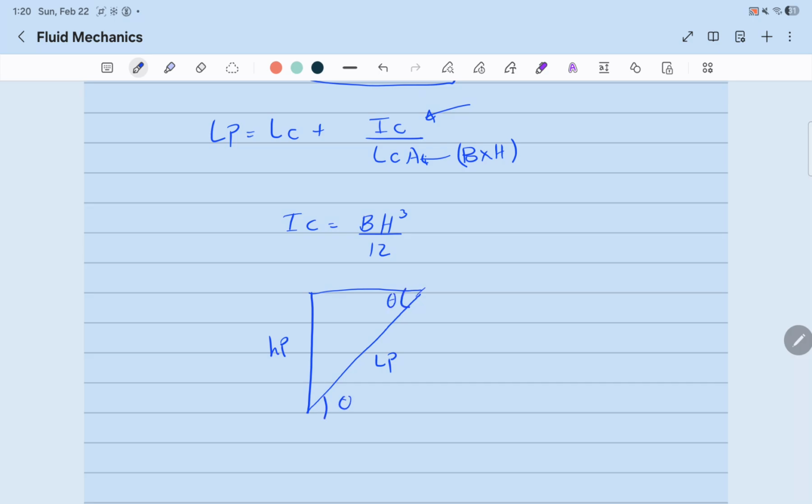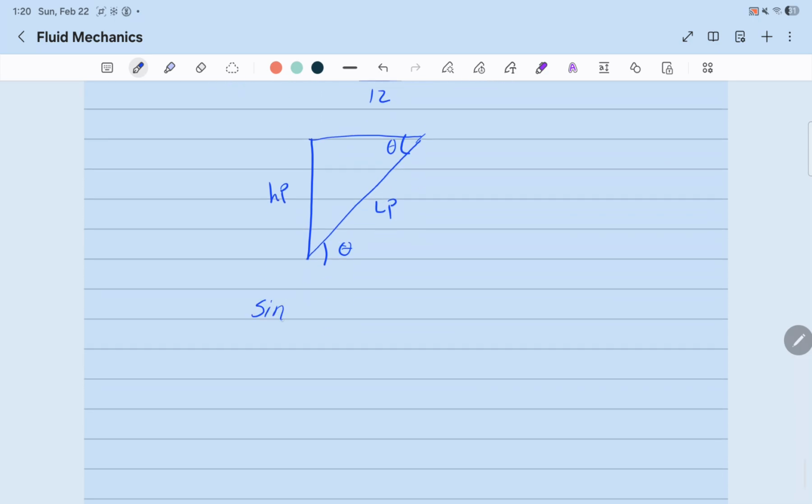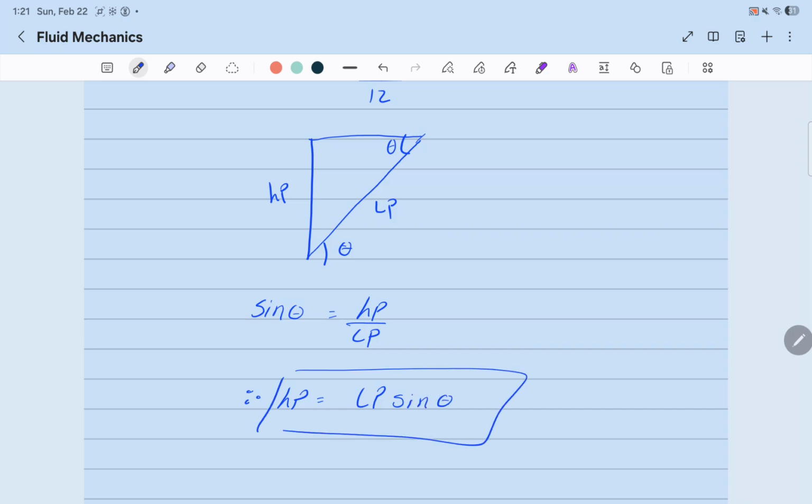Sine theta equals opposite, which is HP, over LP. Therefore, HP equals LP sine theta, and that's how you find the depth of the center of pressure. In the next class, we'll go over a few examples. See you in the next class.